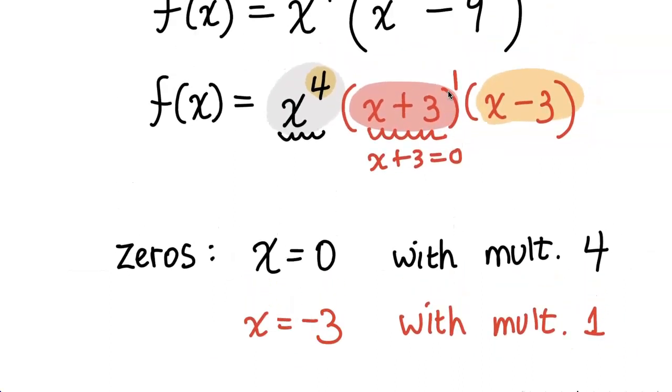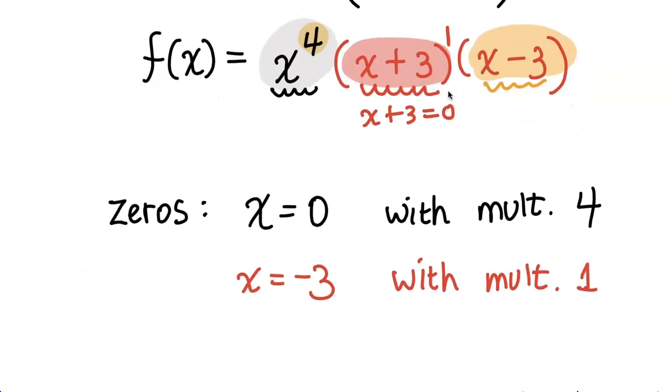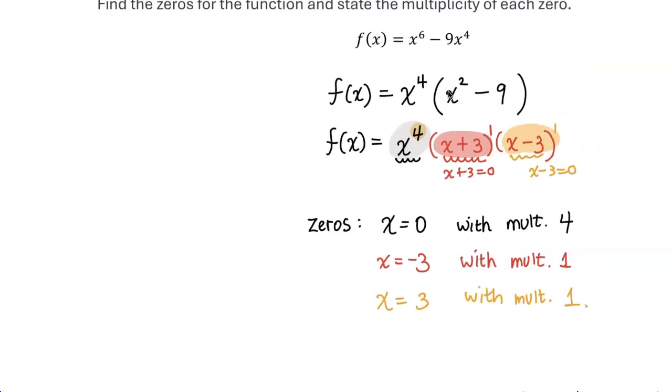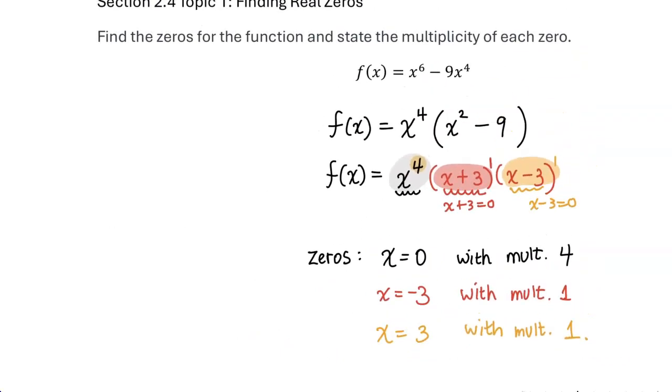And then the last 0 is going to be positive 3 by setting x minus 3 equal to 0. And again, when there's no exponent explicitly written, we know that's just raised to the 1st power. So we can say just with multiplicity 1, then we found all zeros and stated the multiplicity of each 0 here.